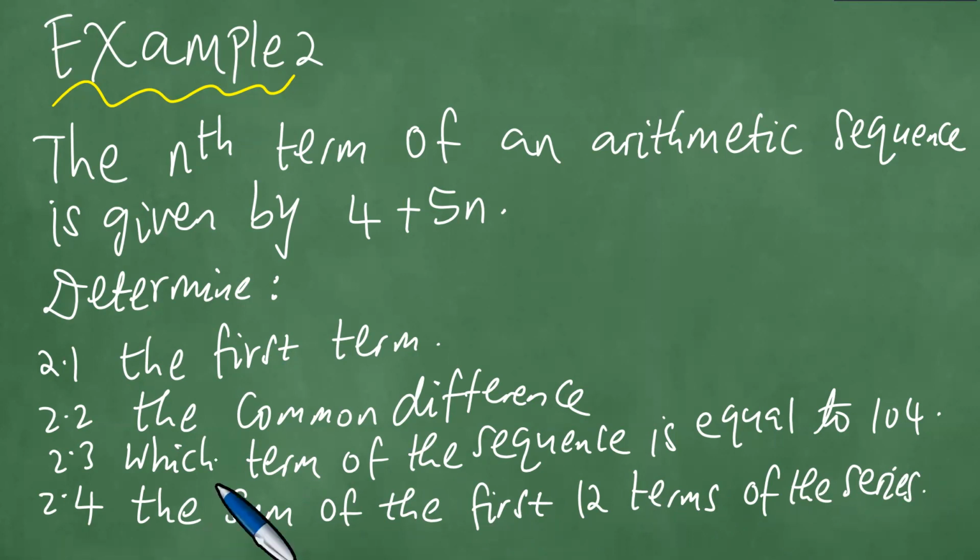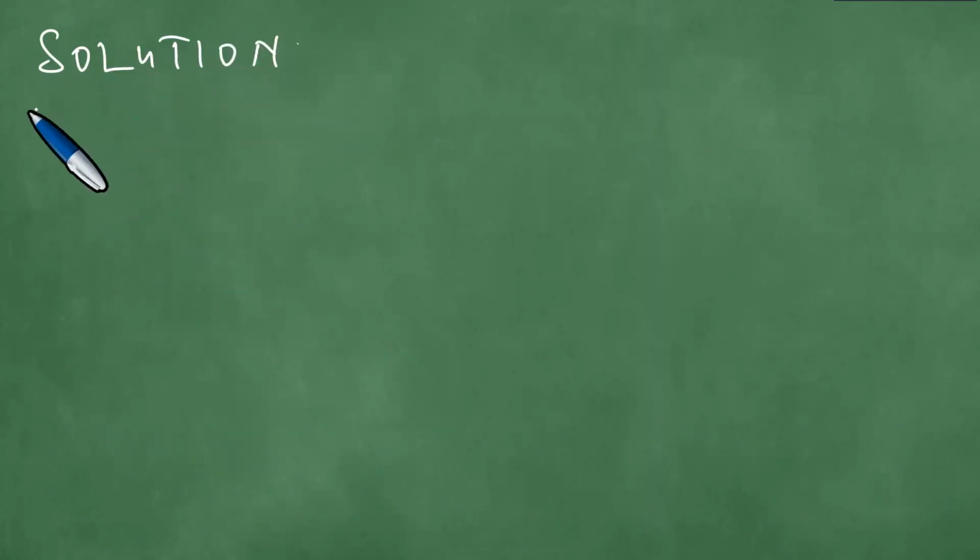Right, here is a question. The nth term of an arithmetic sequence is given by 4 plus 5n. Determine the first term, the common difference, which term of the sequence is equal to 104, the sum of the first 12 terms. That's 2.1.